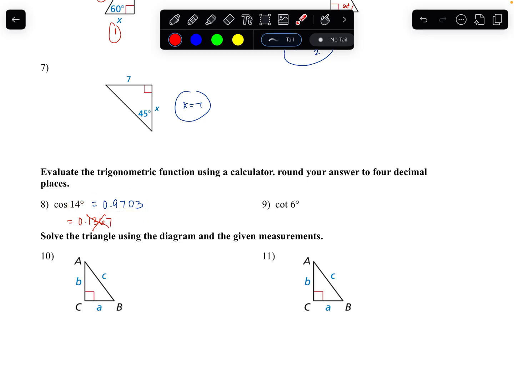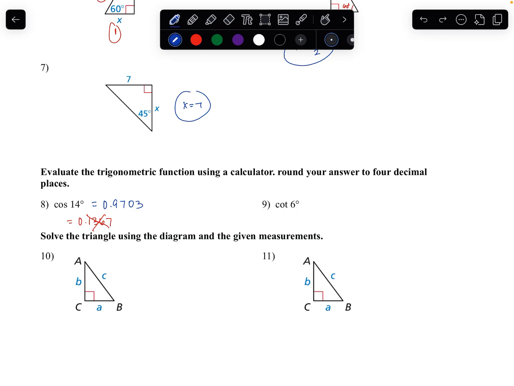Okay. As for the next one, your calculator most likely doesn't have a button or an operation for cotangent, but you have to remember that they are reciprocals. So cotangent, cosecant, secant are reciprocals to the other three.